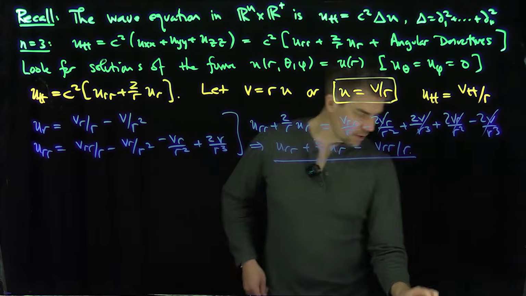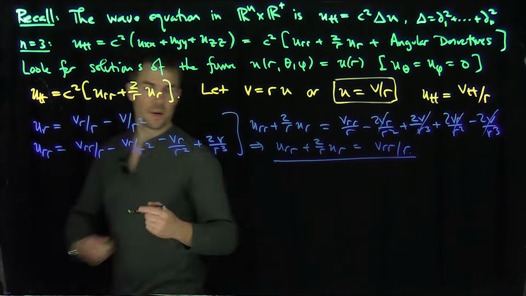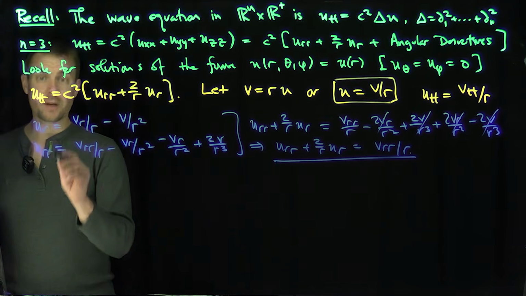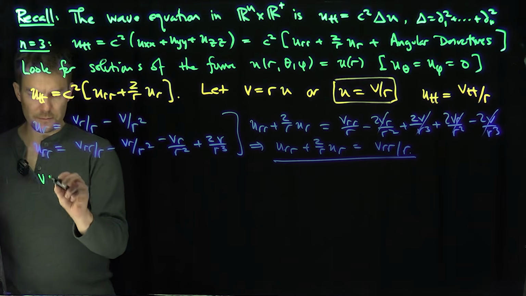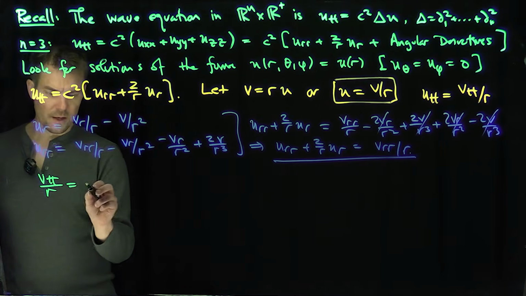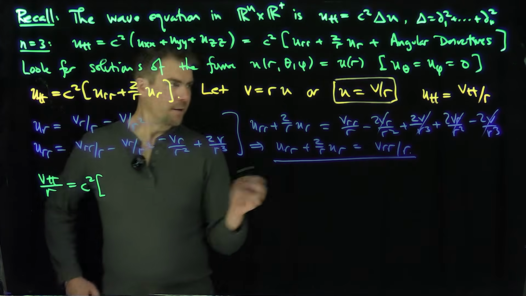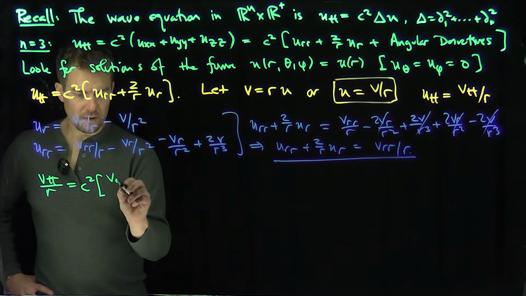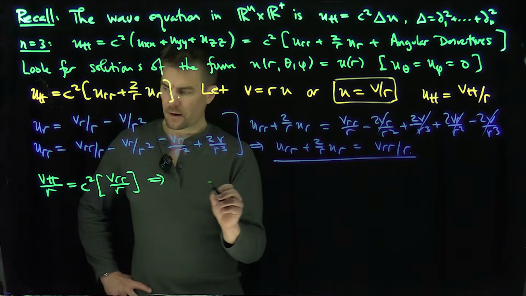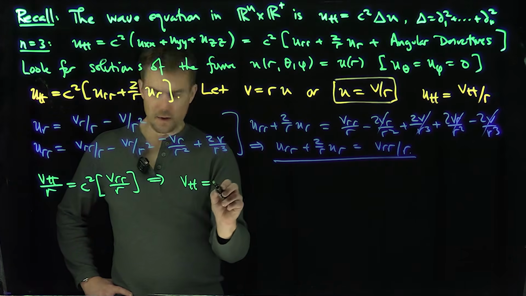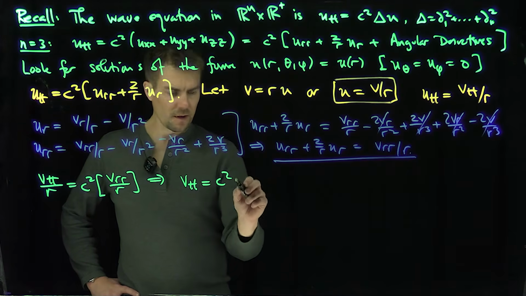So now what does our wave equation look like in these other variables? u_tt is v_tt over r, equal to c squared times v_rr over r. The r's cancel out, and therefore we have v_tt equal to c squared v_rr.